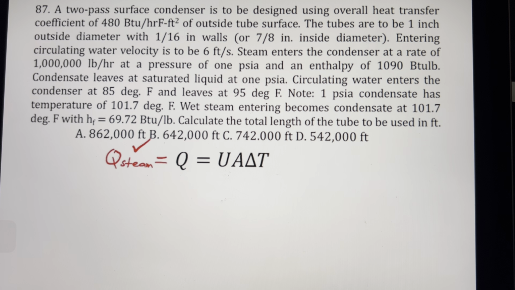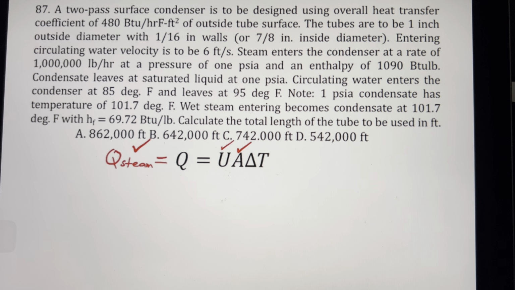Okay, so our U is the overall heat transfer coefficient, which is already given. That's 480. So this is provided. As you can see, this U is based on the outside tube surface, meaning our A should be calculated based on the outside tube surface. And the outside surface of a tube is equivalent to the surface area of a cylinder.